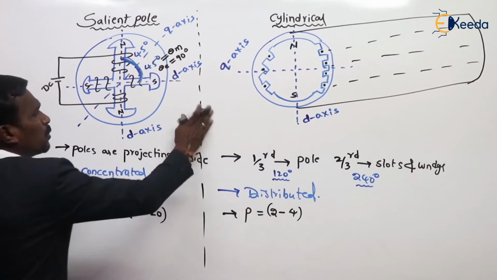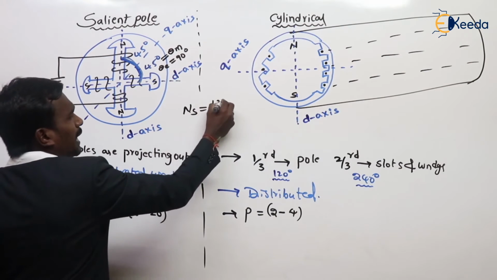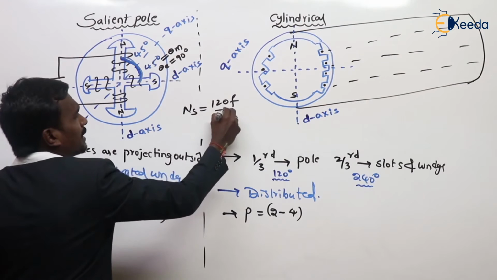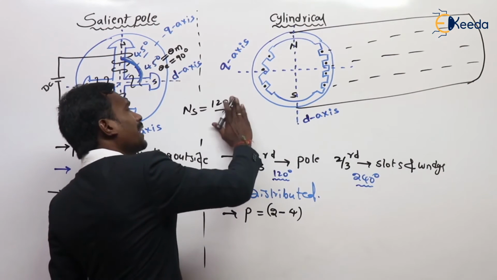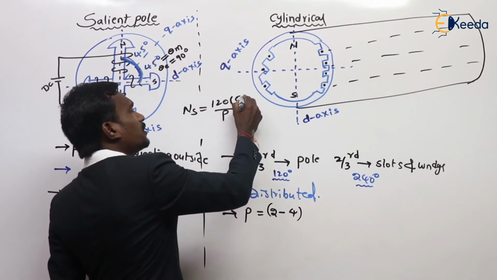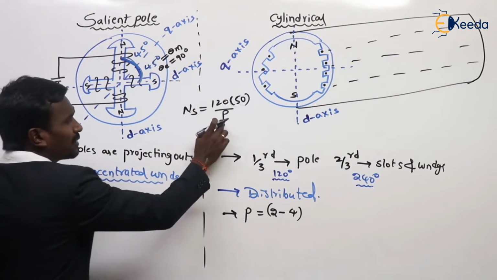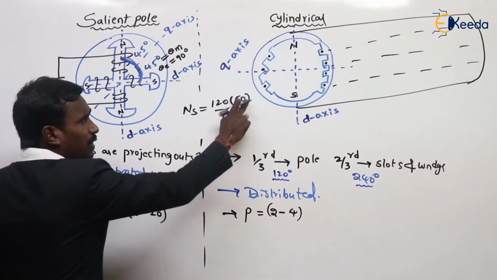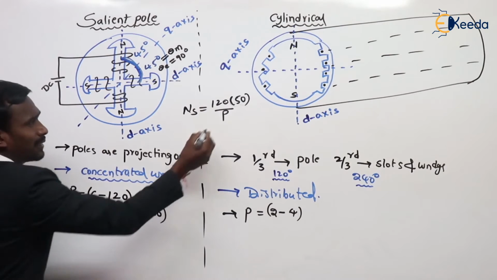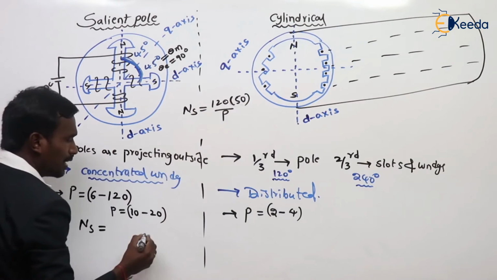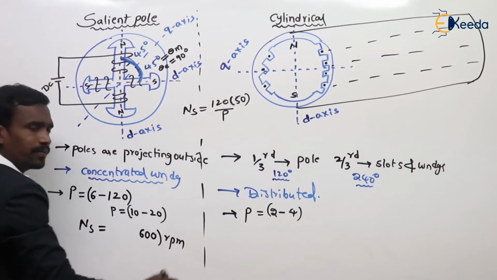I said synchronous machine means synchronous speed, which is 120 f by p. For example, say my frequency is 50 hertz. If the number of poles is 10, the zeros cancel and the synchronous speed is 600 RPM.